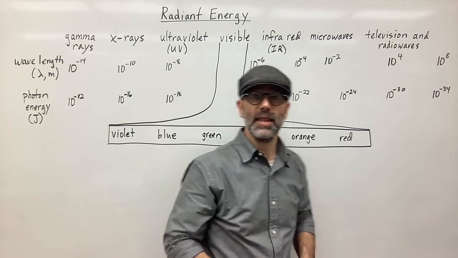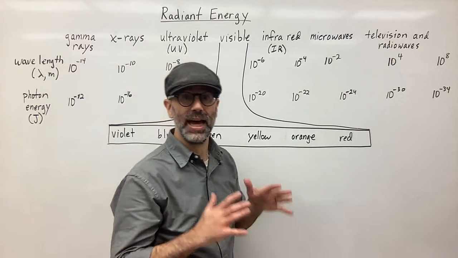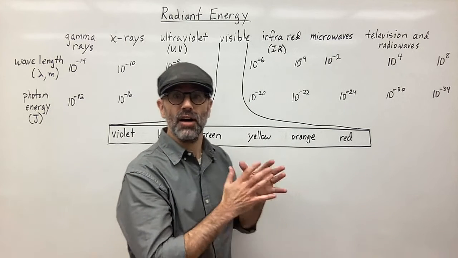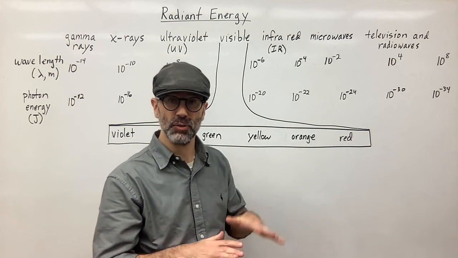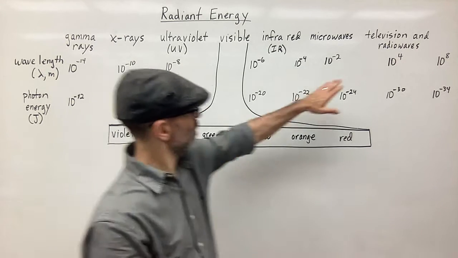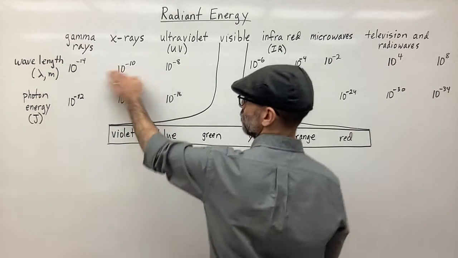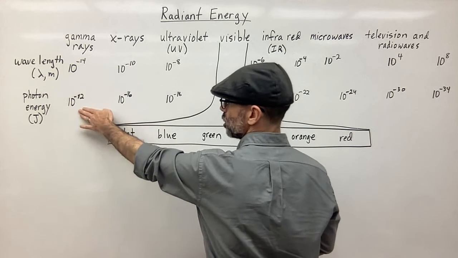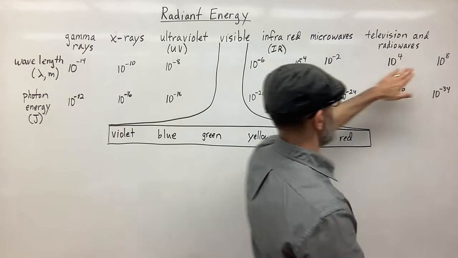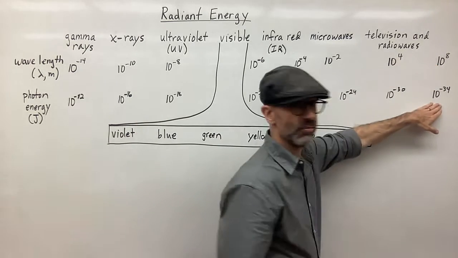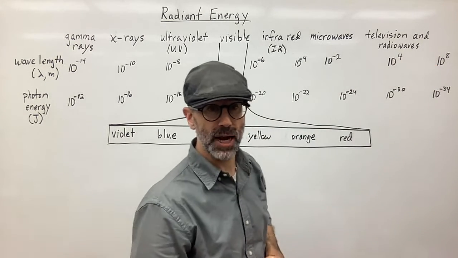So again, the relationship between the energy of the light and the wavelength of the light is inversely related. So smaller wavelengths give relatively larger amounts of energy per photon, and then larger wavelengths give smaller energy per photon.